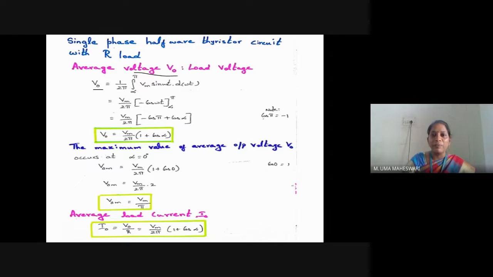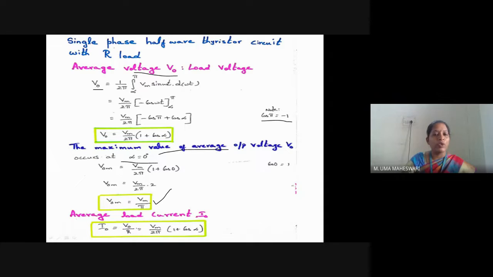Cos of pi is nothing but minus 1, so minus into minus becomes plus 1, and cos of alpha is written as such. So the output voltage expression for the single phase half wave rectifier circuit is V output equal to Vm by 2 pi into 1 plus cos of alpha. We obtain the maximum average output voltage when the delay angle is 0. Substituting alpha equal to 0, we obtain the maximum voltage as Vm by pi.